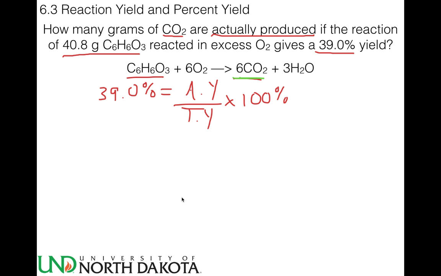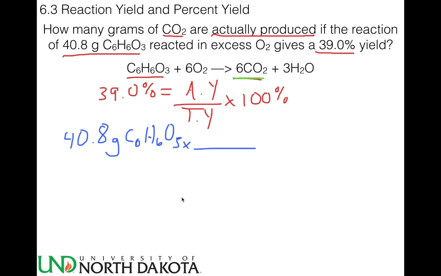Now the molar mass of C6H6O3 is 126.02 grams per mole. That's what we'll use as our first conversion factor, starting with the number given to us in the problem, 40.8 grams C6H6O3, and using the molar mass of this compound.